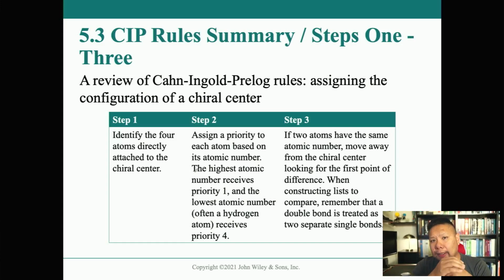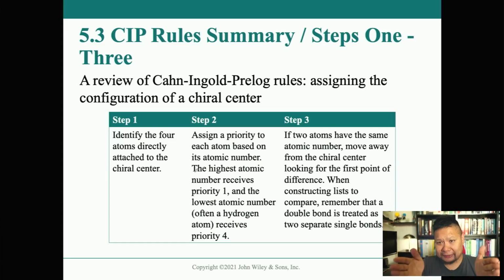And then step 3, if 2 atoms have the same atomic number, move from the chiral center to the next one. You're looking for the point of difference as you keep on going from layer to layer. And once you get to something that's different, then you assign the priority based on which one has the highest atomic number there.